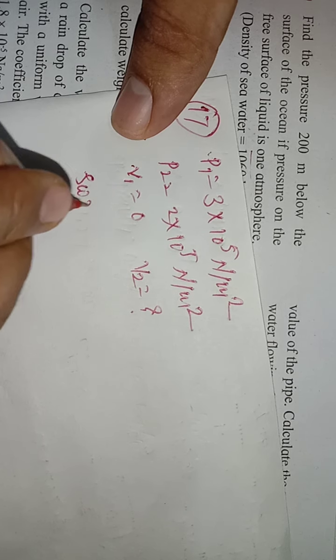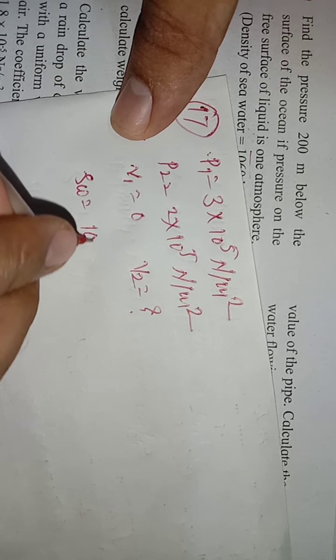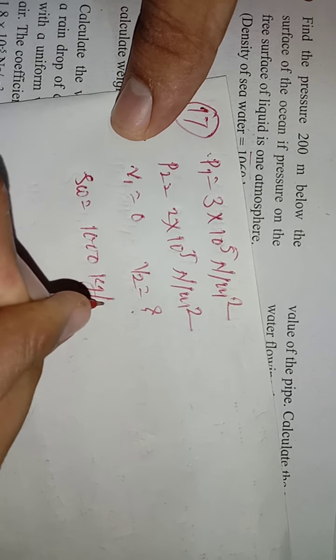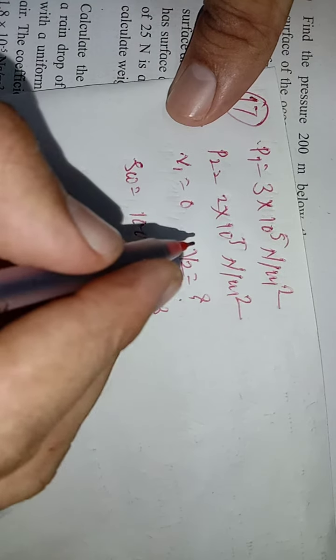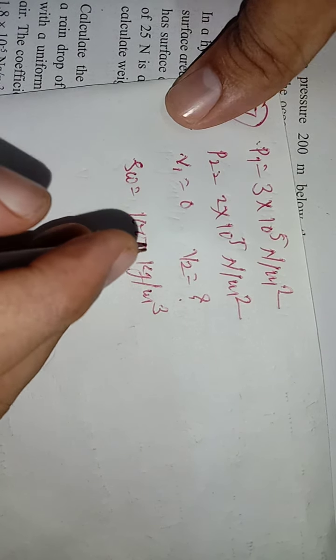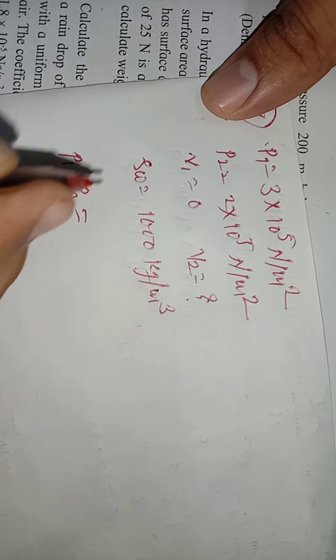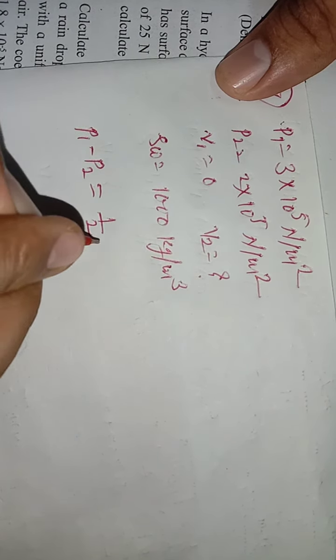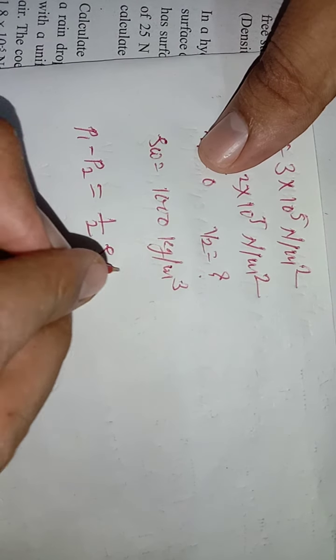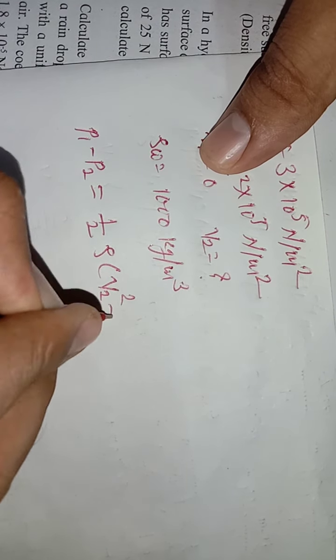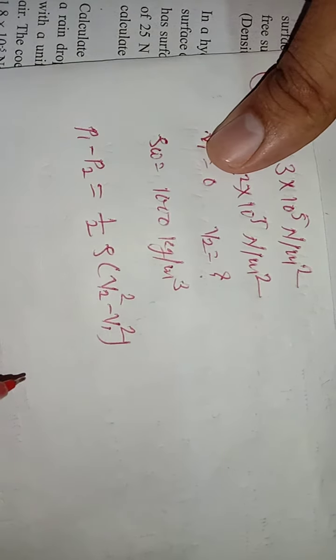Density of water is 1000 kilogram per meter cube. For this we know the formula, that is P1 minus P2 is equal to half rho in bracket v2 square minus v1 square. This is the formula for that.